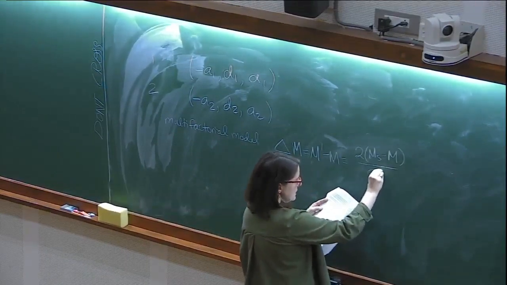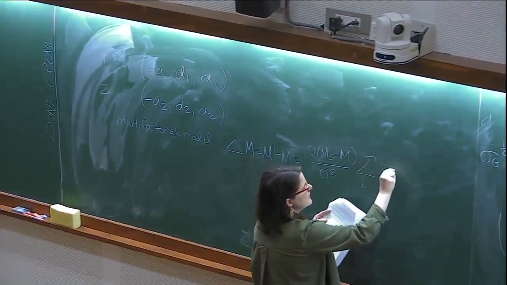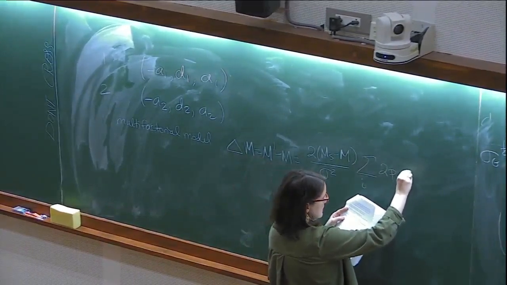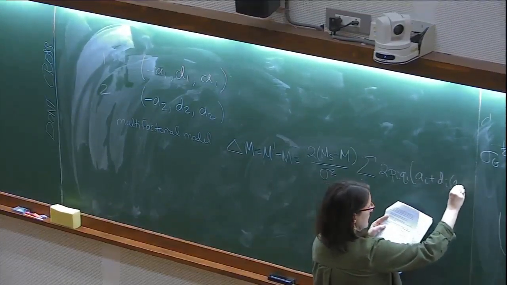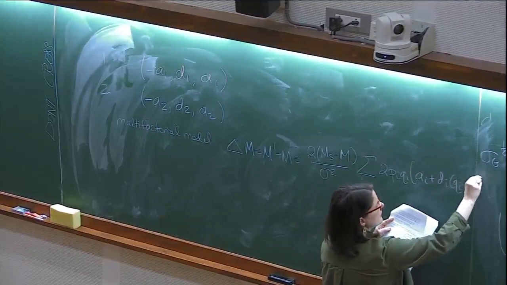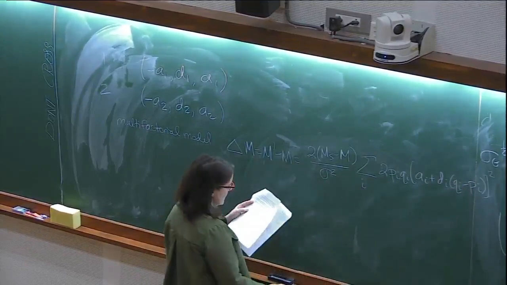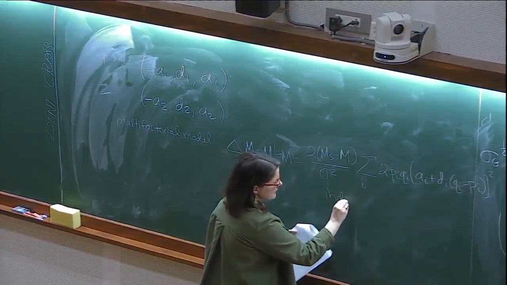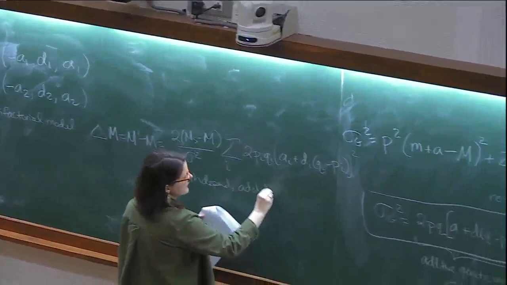How much selection you apply, and then just a sum of the independent effects of the loci. And this assumes that the loci are independent and additive in their effects across loci.